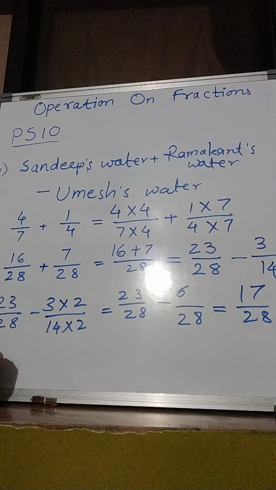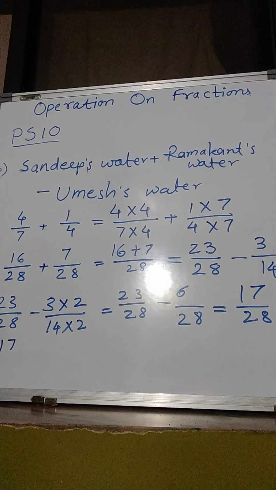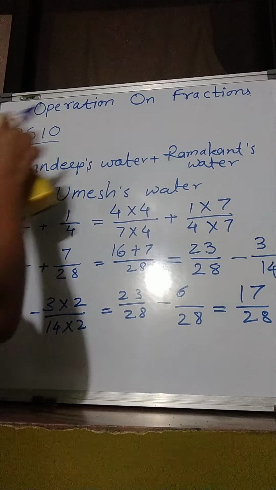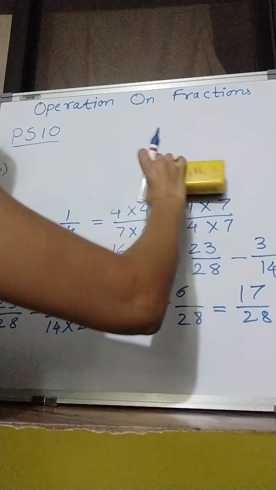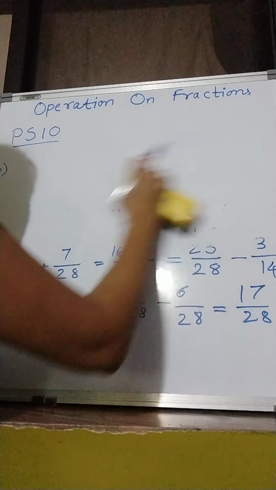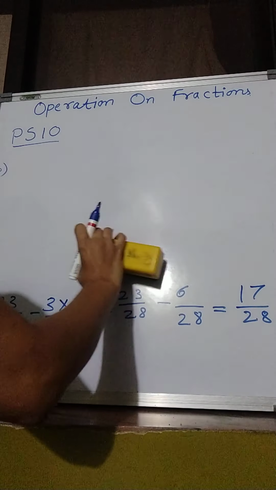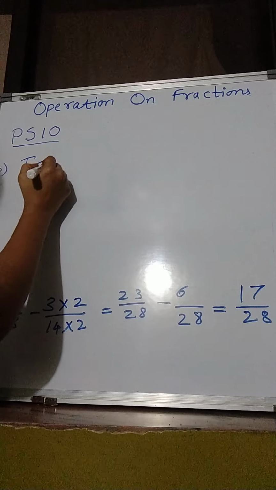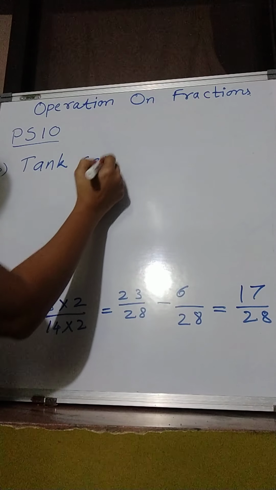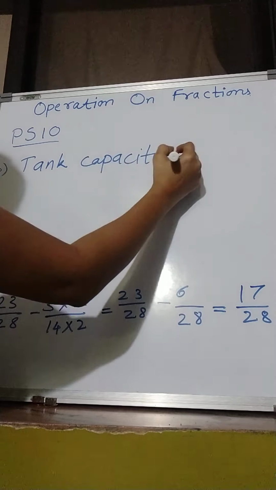See, when I am multiplying this, I am doing rough work on the upper part, keeping the answer only. See, the tank's capacity is 560 liters. Right?